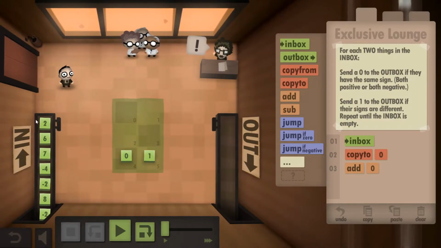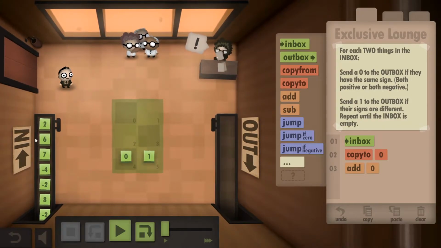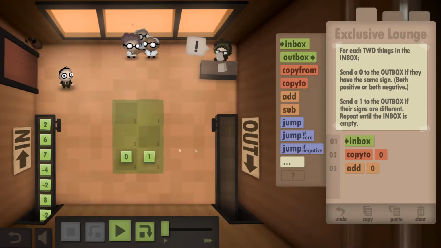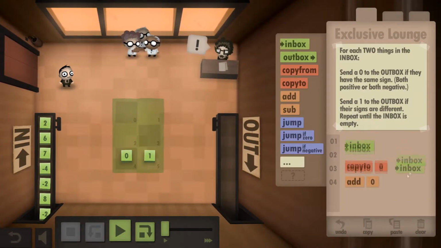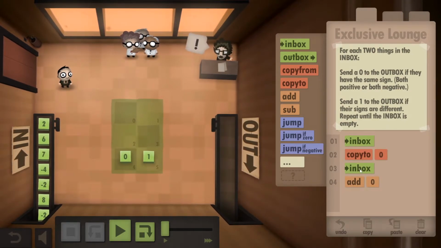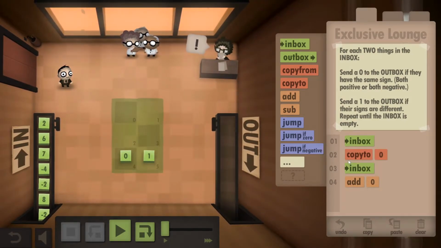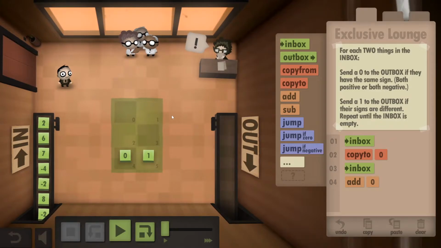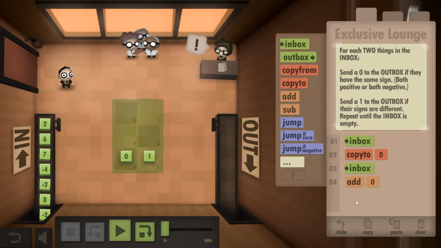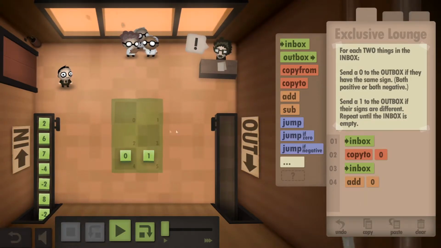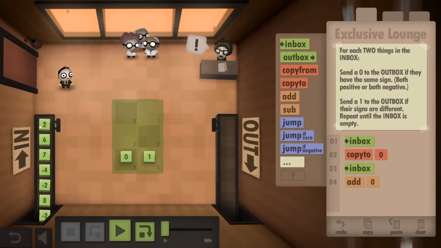If we add a positive number to a positive number, the result will always be bigger. So I think if we add the two numbers together and then subtract from the first number, then we can check if that subtraction is smaller.